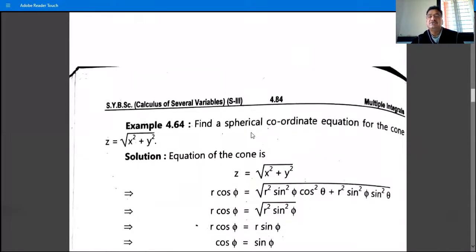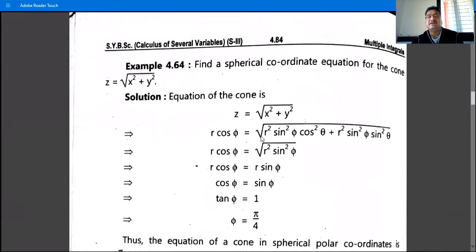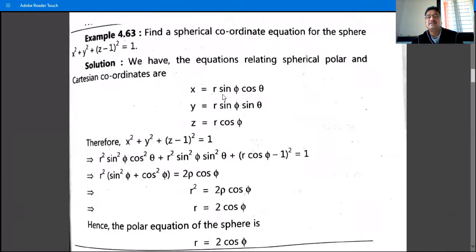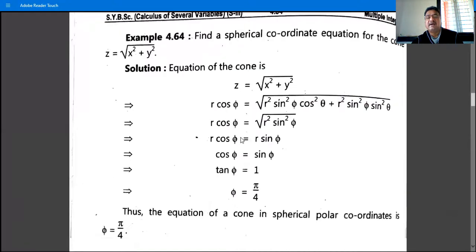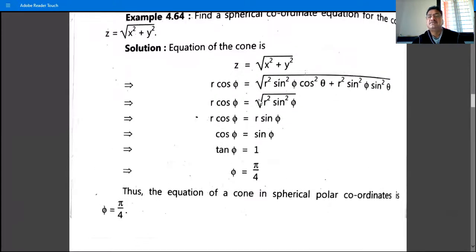Next example: find the spherical coordinate equation of the cone. That is, substitute x, y, z with these spherical polar coordinate values. So we have this: r cos phi is equal to the root of r square sine square phi cos square theta plus r square sine square phi sine square theta. Then take r square sine square phi as common. Cos square theta plus sine square theta is 1, and then its root is r sine phi.